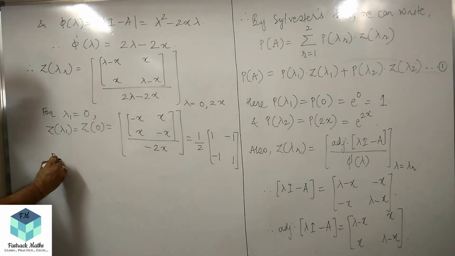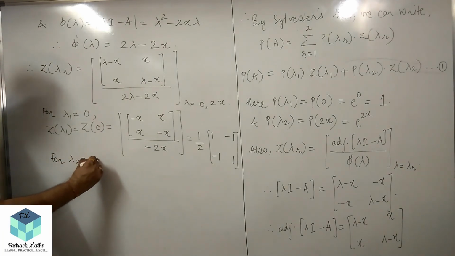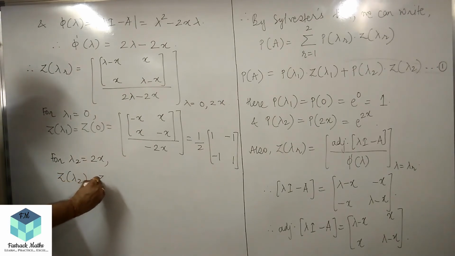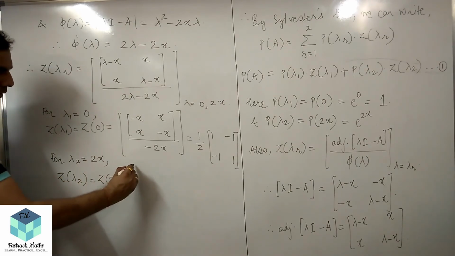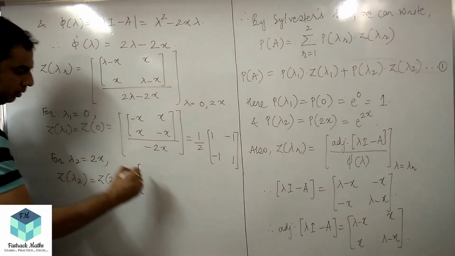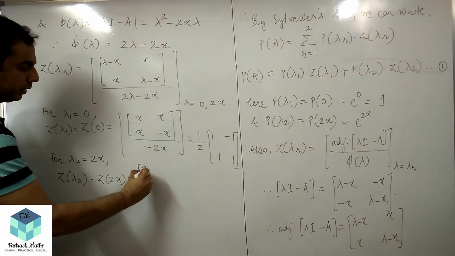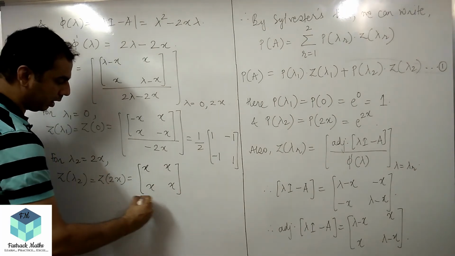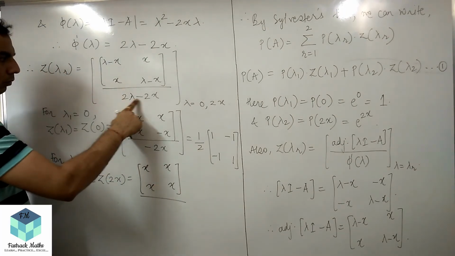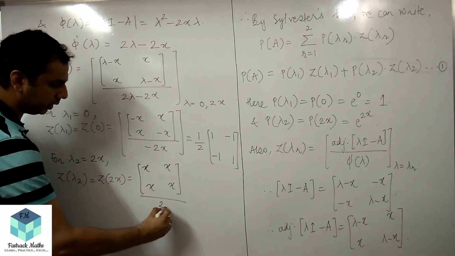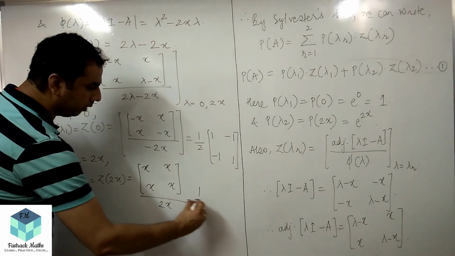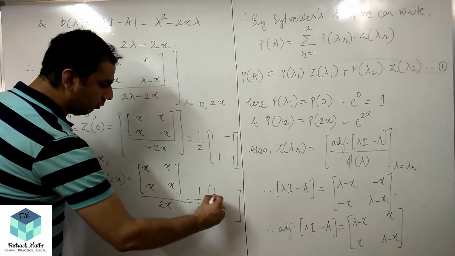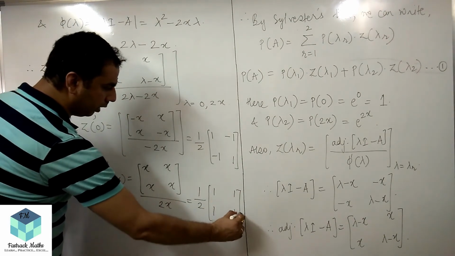And similarly for lambda 2 is equal to 2x, Z of lambda 2 will be equal to Z of 2x. It is given by [2x minus x, which is x, and again x] upon 4x minus 2x, so it is 2x. So we can divide again here by x to get 1 by 2 [1, 1; 1, 1].